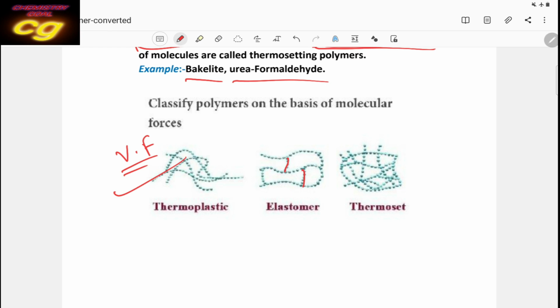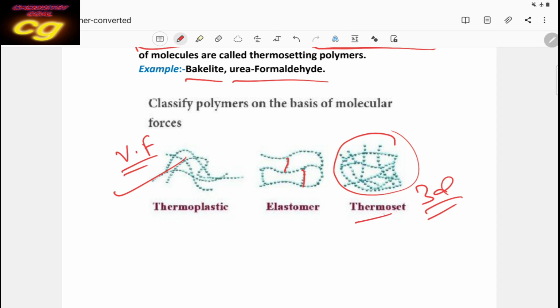These are called fibers. Then thermosetting has a complicated 3D structure. The three-dimensional structure is formed due to the composition of different polymer chains. We can say it is a composite polymer where different polymer chains are interlinked and produce a three-dimensional network structure.